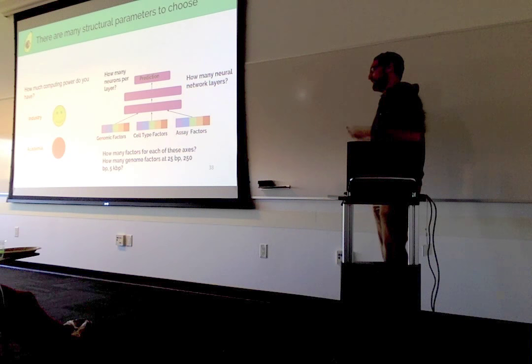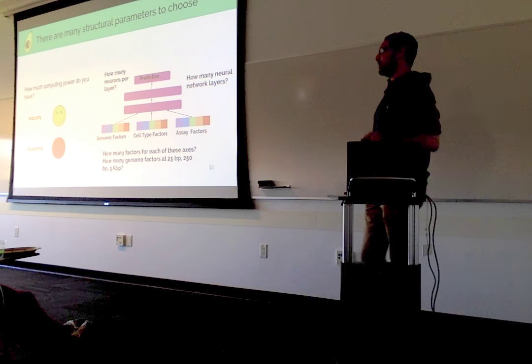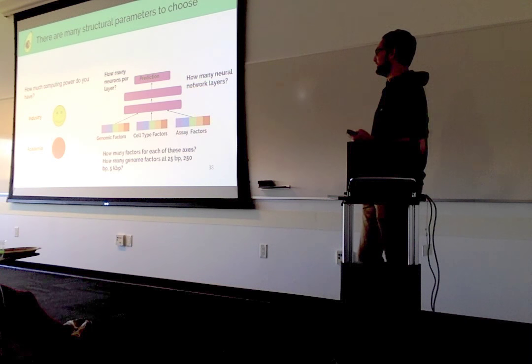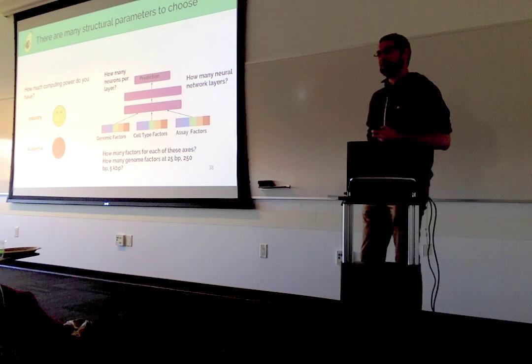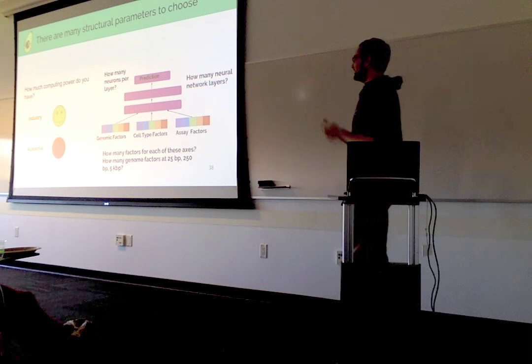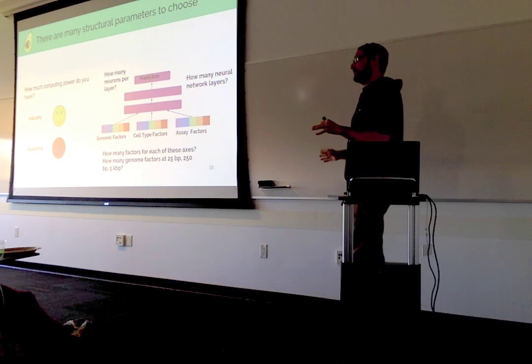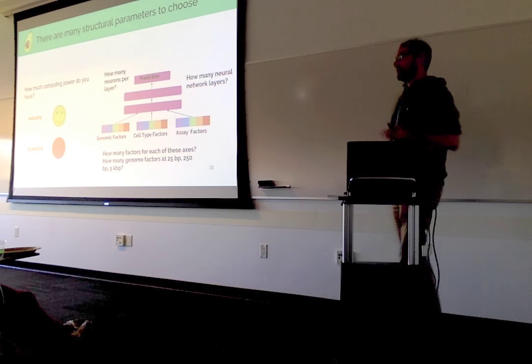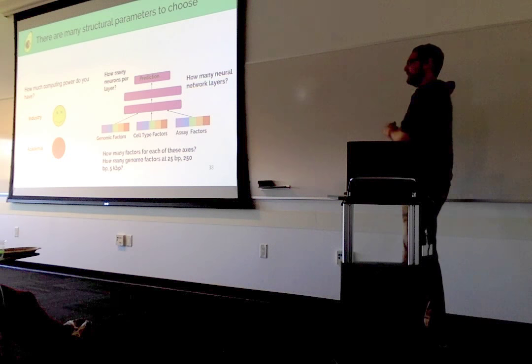I'm very fortunate that my advisor has somehow acquired grant money to be able to purchase multiple GPUs that I can monopolize and be yelled at by the other grad students. But not everyone is as fortunate as me to have access to all of these. And so this is a mini side rant, which is that a lot of things that happen in machine learning right now are dominated by your computing power.